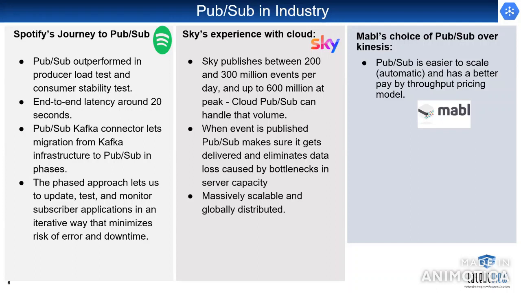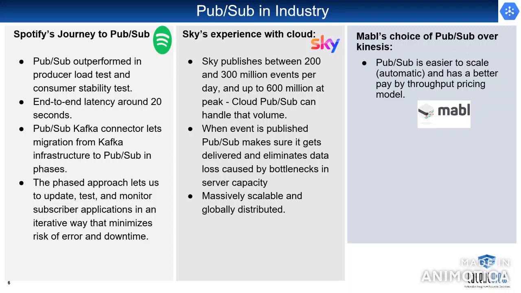So Sky looked to create a new cloud-based architecture which could scale automatically and handle millions of data. They evaluated Google Cloud Platform's PubSub service to replace their on-premises big data platform to meet the increased demands.